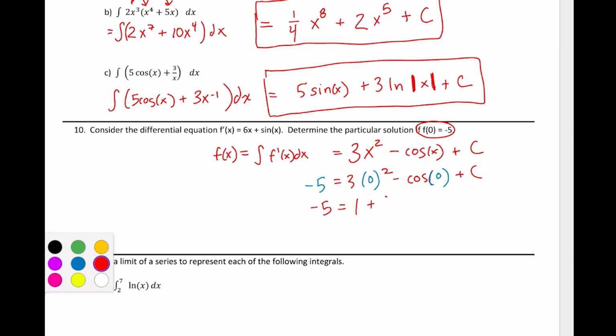So minus 1 plus c. Oh, missed a negative there. Negative 1 plus c. Then if I add 1 to both sides, I get negative 4 is c. So the particular solution, if f of 0 is negative 5, would be 3x squared minus cosine x, and instead of plus c, I'm going to write minus 4.